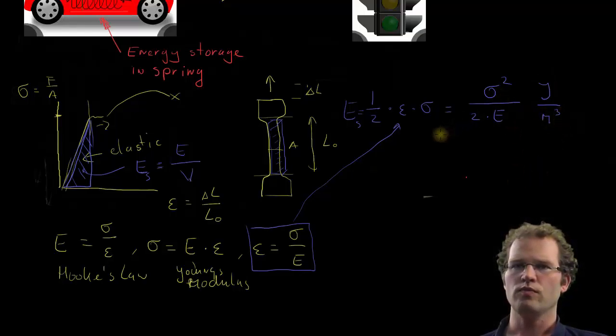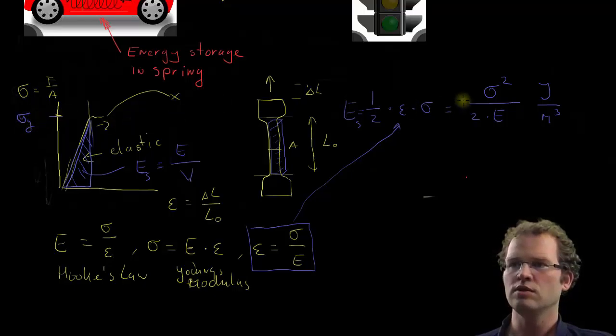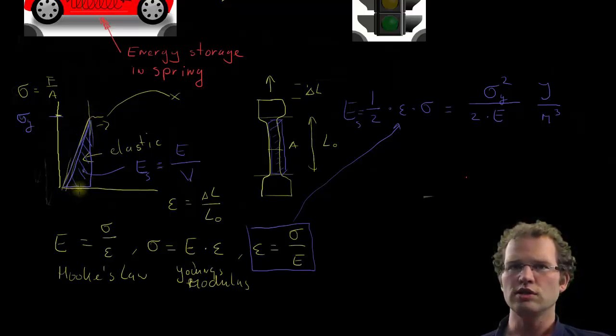So this is a very important part. We can express for every material, if we know to what stress, the yield strength, let's call it sigma yield, we stretch it, what energy is stored in the material, we can now calculate it.